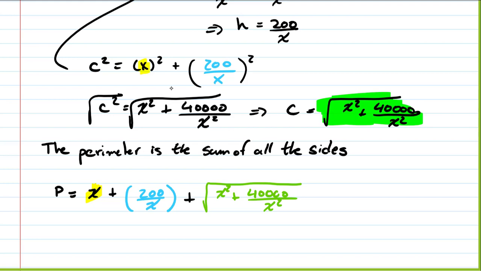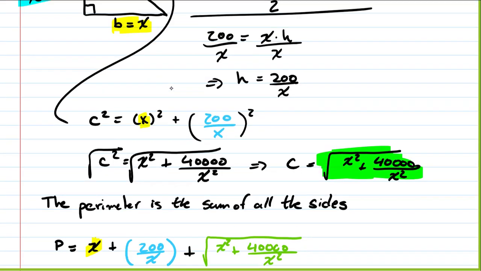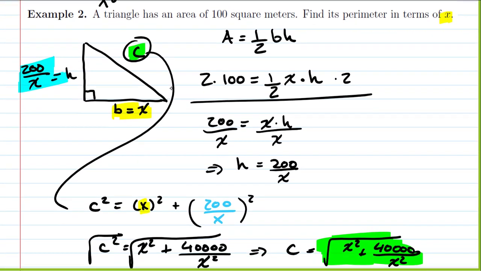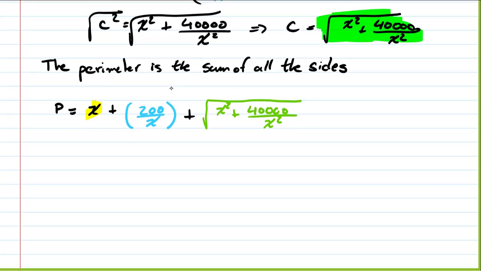And that would be the perimeter of that triangle that has an area of 100 square meters. That would tell us its perimeter in terms of the length of one of its sides. So we came up with a model to tell us the perimeter as a function of one of its side lengths.